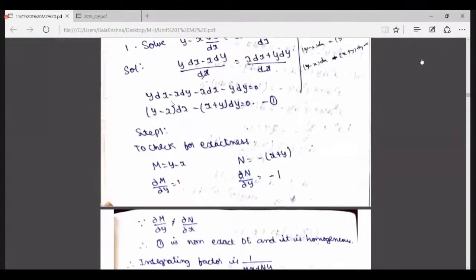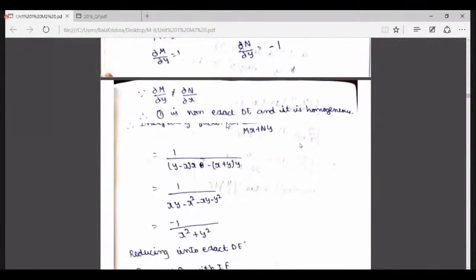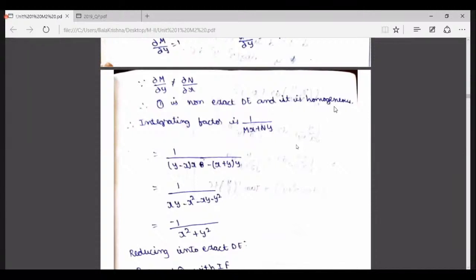So if you see here, the degree of each term of this equation: the degree of this y is 1, degree of this x is 1, degree of this x is 1, degree of this y is 1. That means the degree of each term of that equation is the same, 1. As the degree of each term is the same, we'll say it is homogeneous.